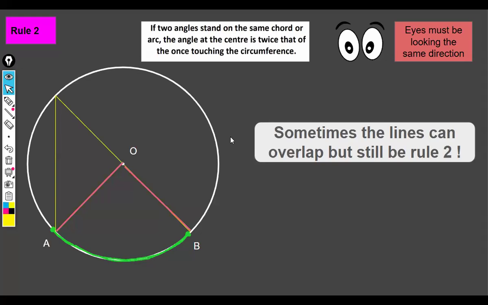For it to be rule 2, one has to be touching the circumference and one has to be touching the center, right? But it must have two pairs of legs. One pair of legs is touching the circumference and the other pair of legs is touching the center. But in this diagram, it's kind of hard to tell if there are two pairs of legs, if there are 4 legs in this diagram. So let's rewind this and do it slower.